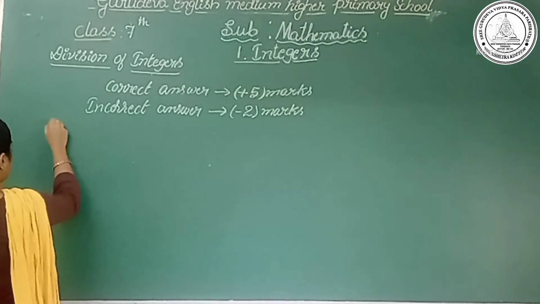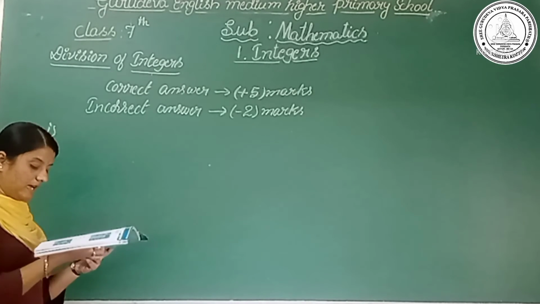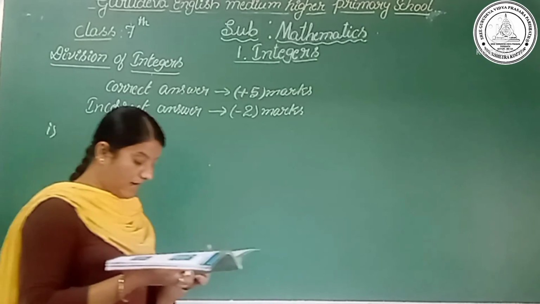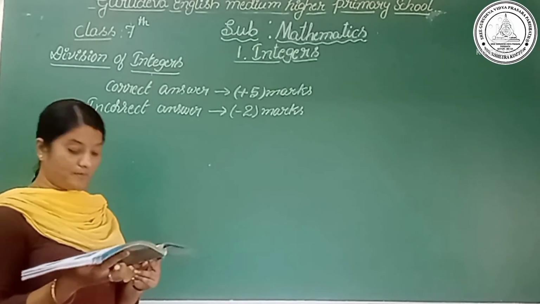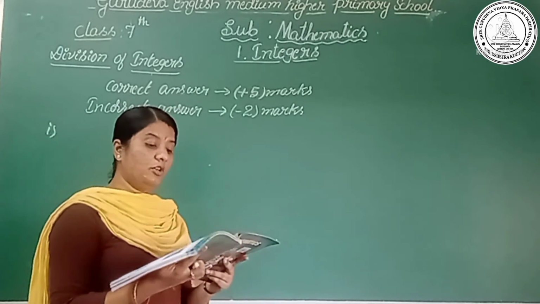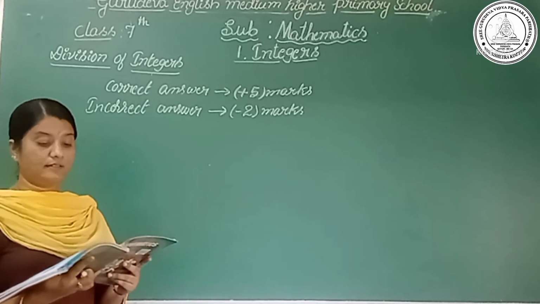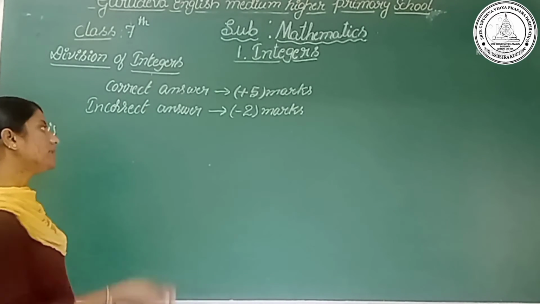So first do the first question. In that, Radhika answered all the questions and she scored 30 marks. She got 10 correct answers. So marks given for the 10 correct answers, how much?